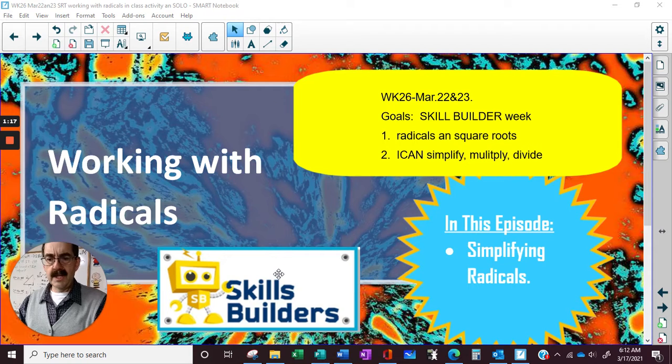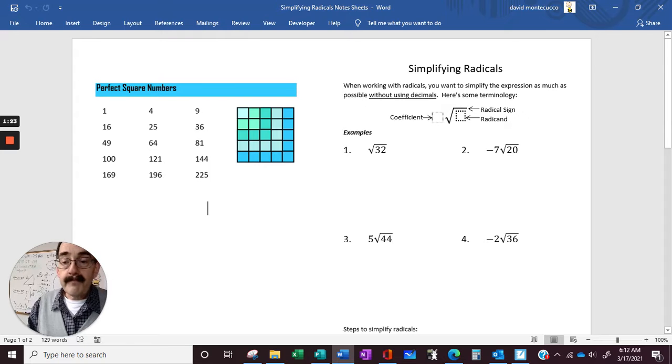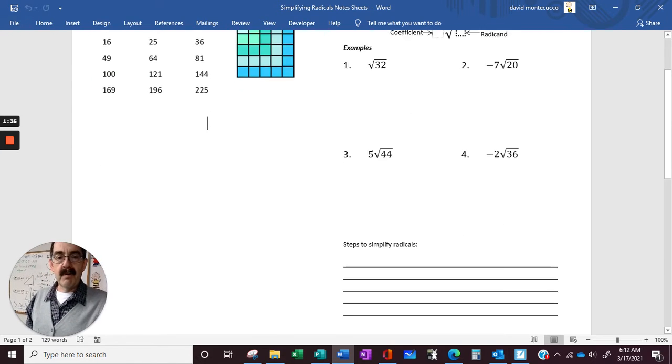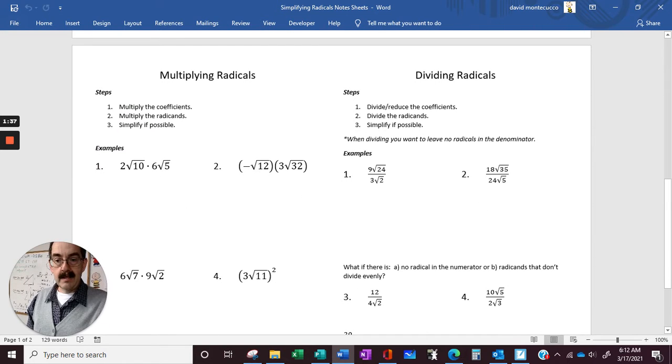We're on with Skill Builder Week. The first thing is, Mr. Miller is going to hand you a sheet of paper. And this is what we call the foldable. You guys remember foldables? We've been out of school for so long, we haven't folded anything. All right, so we have a sheet of paper, front to back.